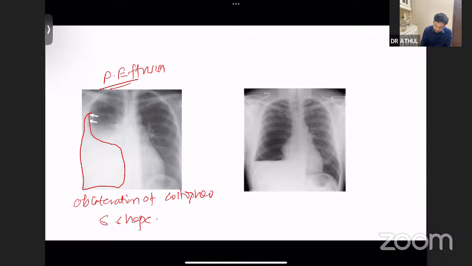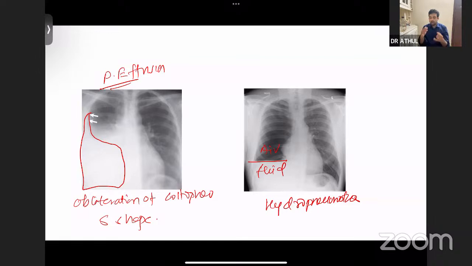And this is a case of hydropneumothorax. Here this is air, this is fluid. For hydropneumothorax, pleural effusion, and pneumothorax, you should be very, very confident. You should never make any mistake in these commonly seen X-rays.